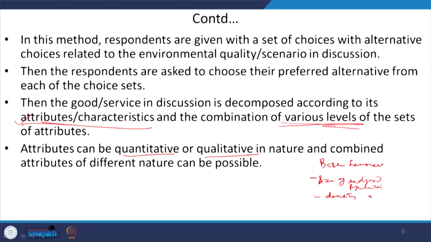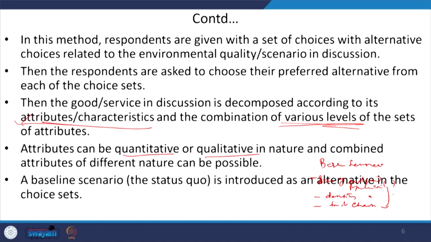Then we can also say the food availability for them, the kind of food chain, and we can also combine these quantitative attributes with these qualitative attributes. So, it is also possible. So, that is what we can say, these attributes can be qualitative or quantitative, and it can be of a combined nature.